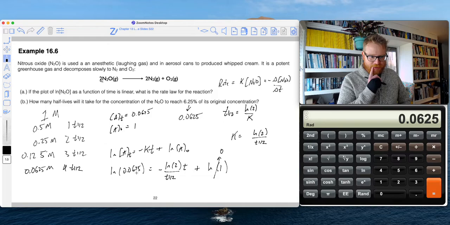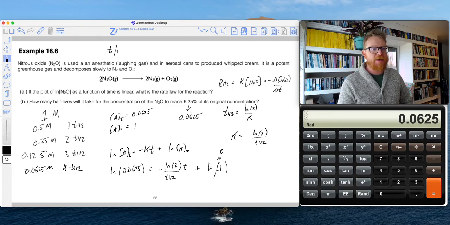And what you'll see here is if I do some math now, I've got natural log of 0.0625 equals negative natural log of 2 over t 1/2, and the ratio of t to t 1/2 is going to give me my number of half-lives. So let's write that down up here.